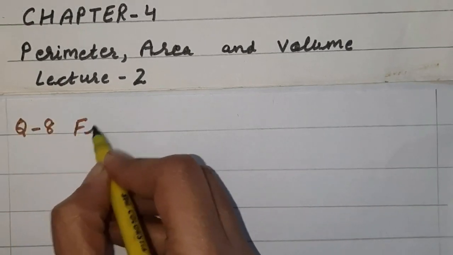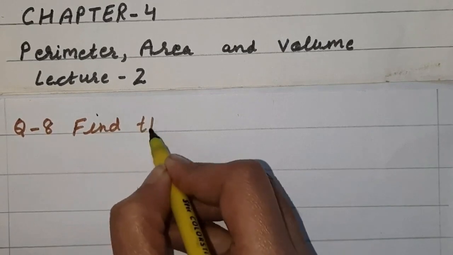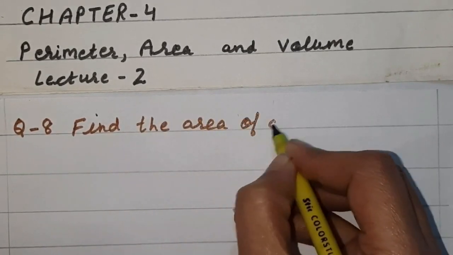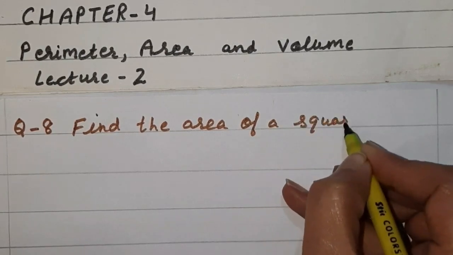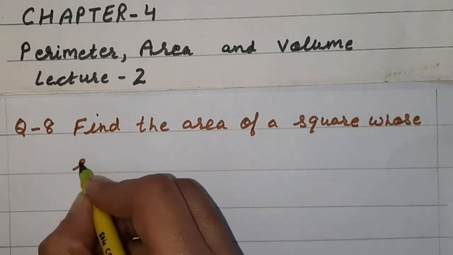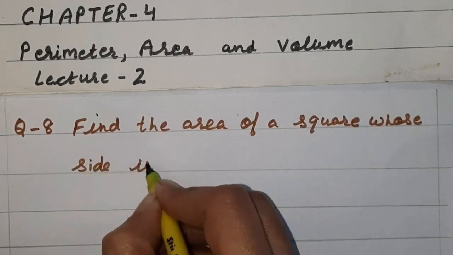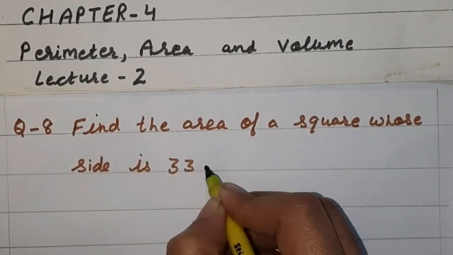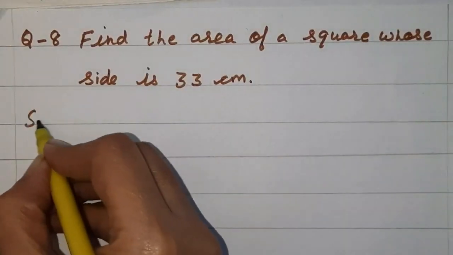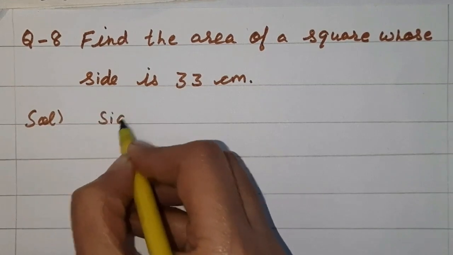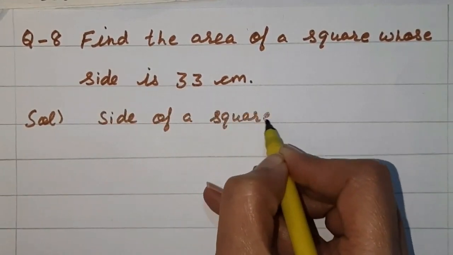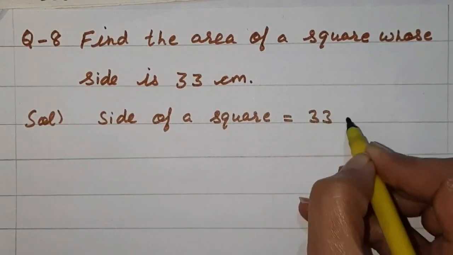Now next is question number 8. Find the area of a square whose side is given 33 centimeter. Now you will write down side of a square is equal to 33 centimeter.